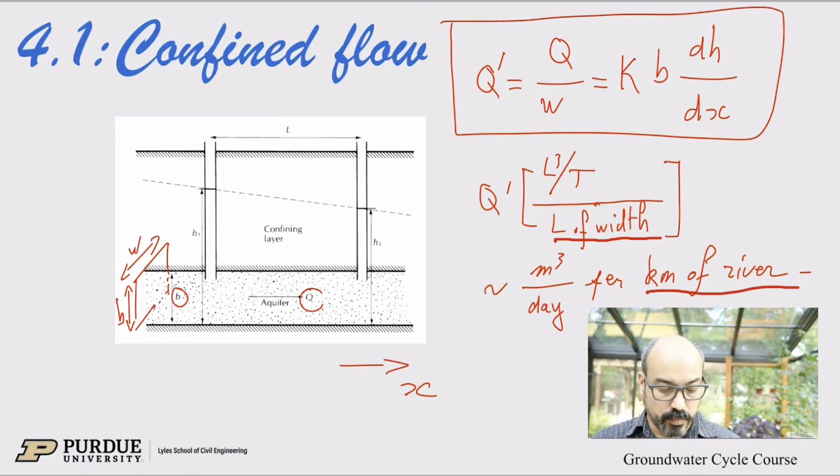Imagine there's a river going across the page here, draining that aquifer, or that aquifer draining into that river. That would be the recharge of the river, or the discharge of the aquifer into the river per kilometer of river. So let's say it's 1,000,000 cubic meters per day per river mile. So just to set that up, because we're using this Q prime a lot in the following derivations.